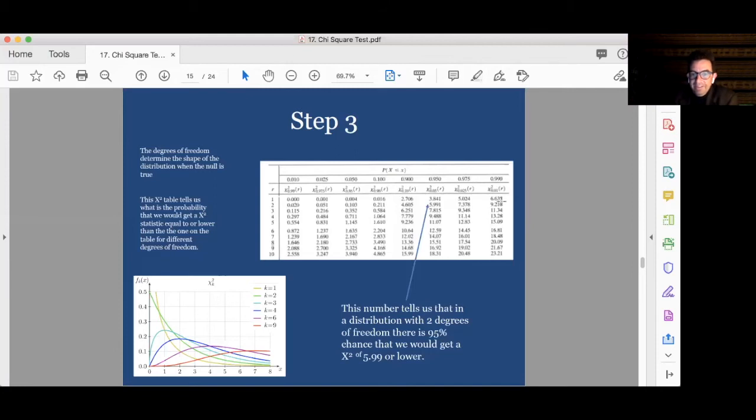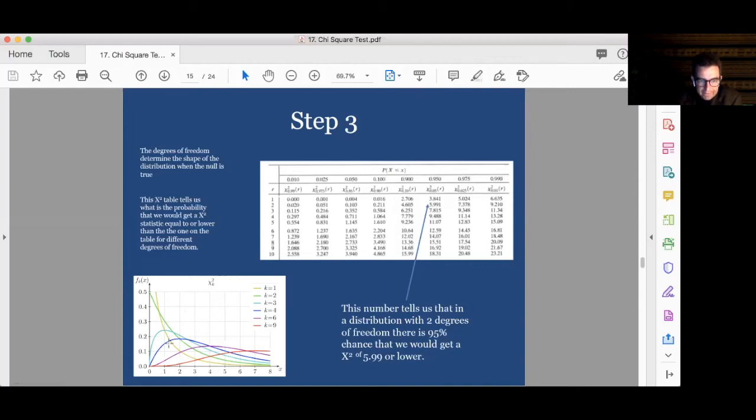You would only get chi-square statistics higher than 9.21 1% of the time. 1 in 100 will probably give you a chi-square statistic higher than that, if you're sampling from a population where there's no relationship.